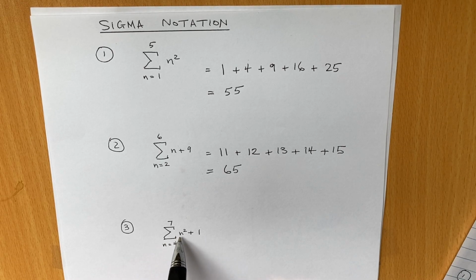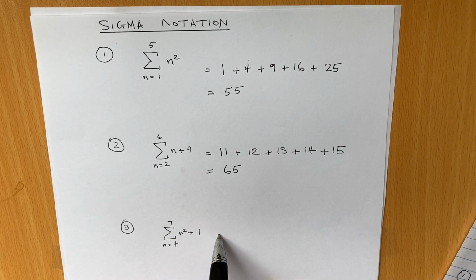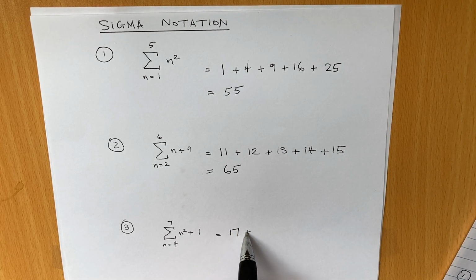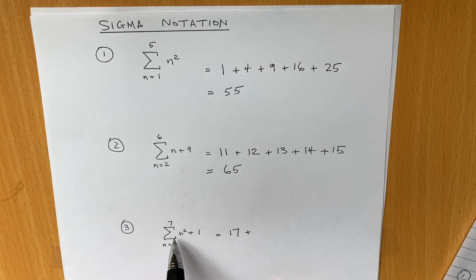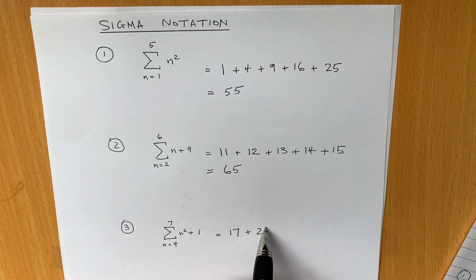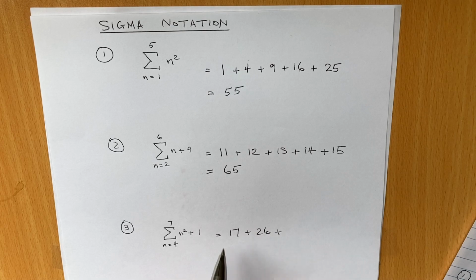And finally, we're starting from 4 to 7, and a slightly more complex expression, n squared plus 1. So if n is 4, n squared will be 16, plus 1, 17. If n is 5, n squared will be 25, plus 1.